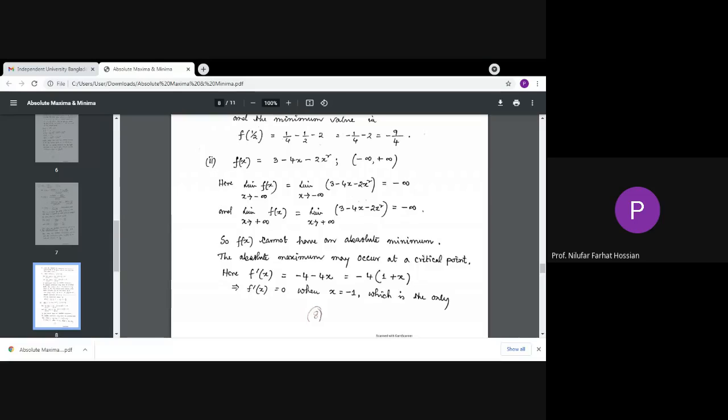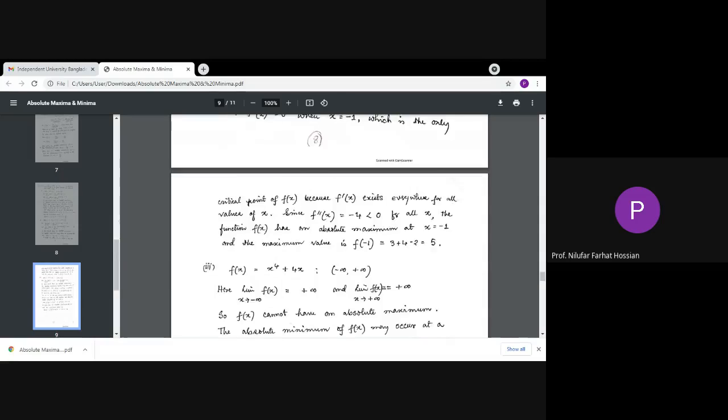Now let us find f double prime x, because this is a critical point. There may be a relative minimum also. So what is the second order derivative? It will be minus 4, which is always a negative number.